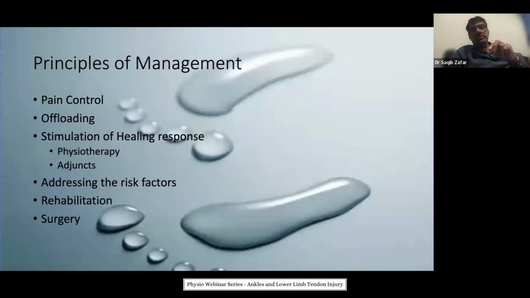Then what we need to do, as I said, is that either the healing response is weaker or the healing response has exhausted. So we need to stimulate that healing response and support it.